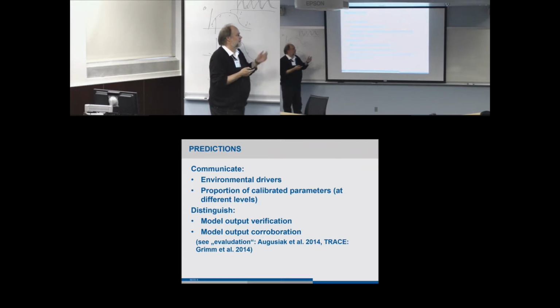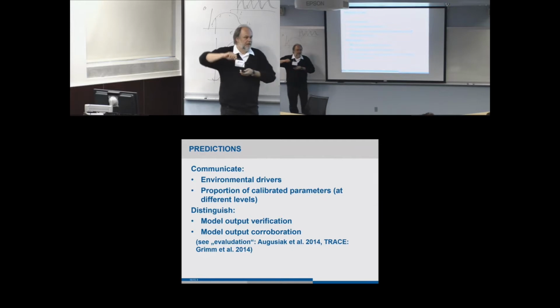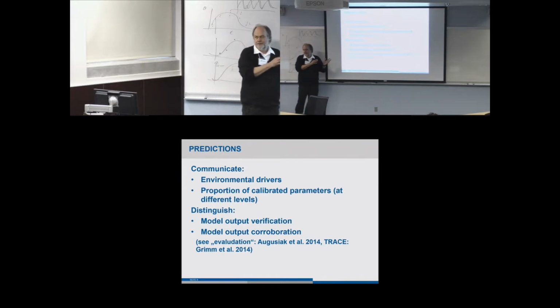And carefully distinguish between what we now call model output verification. This is all types of comparisons of model output to data which you have known while you were developing the model. So you wanted your model to reproduce those data. We all need this kind of thing because we develop a model and we have to, from the very early stage on, have some means to decide, are we going in the right direction or not?